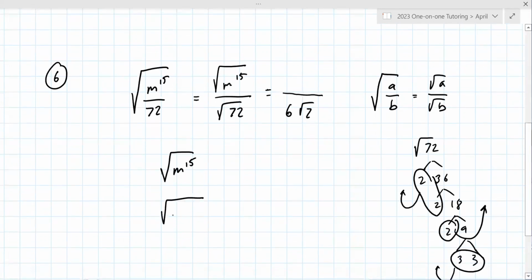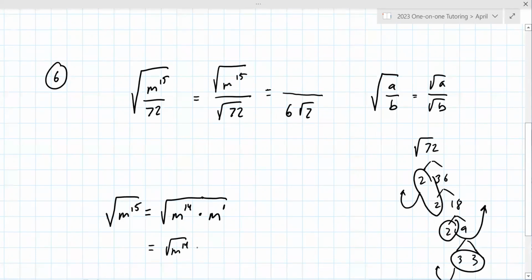This becomes the square root of m to the 14th times m to the 1 in here. Is it clear? The 14 and 1 add up to 15, that's how I'm doing that. The square root of m to the 14th you can do separately from the square root of m. Basically break them apart like that.